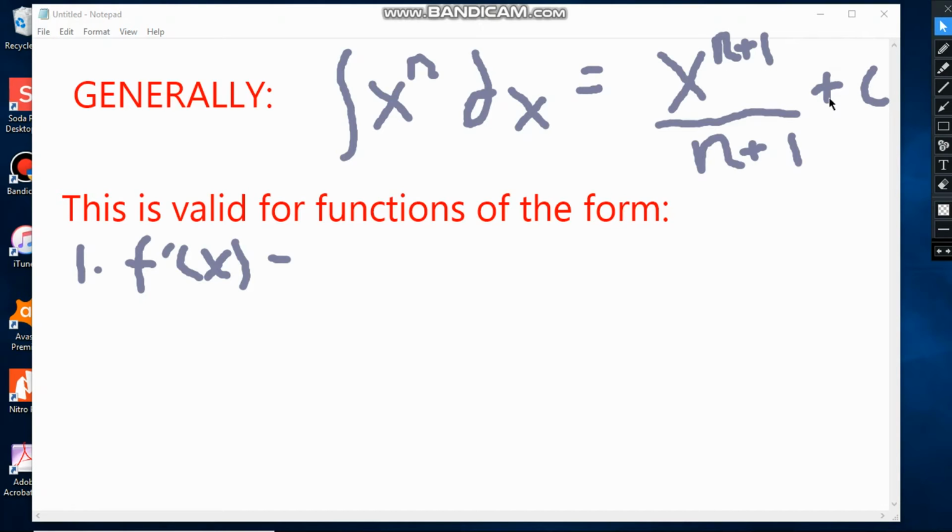We do so because when we differentiate a constant, we get 0. So, to get back the constant, we must place any variable. Here, I assume the constant is equal to the letter C. This formula is valid for the following functions.